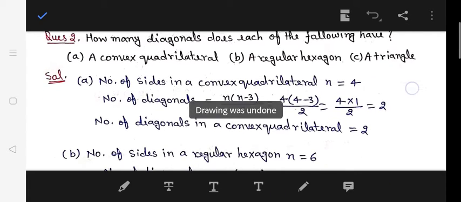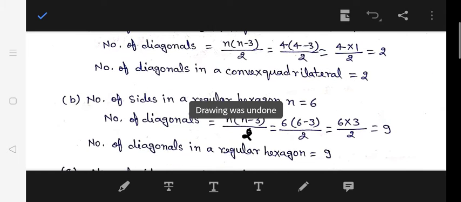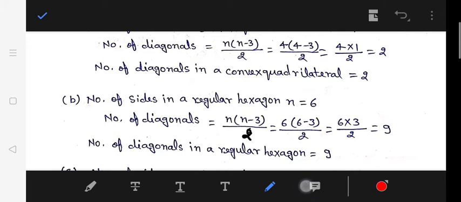Now I am going for the hexagon. The number of sides in the regular hexagon is n equal to 6. I am going to find the number of diagonals in the hexagon. Now I am going to write the same formula, n into n minus 3 upon 2.